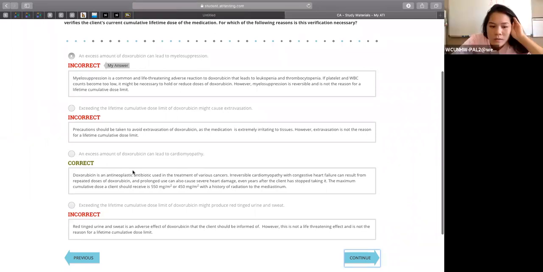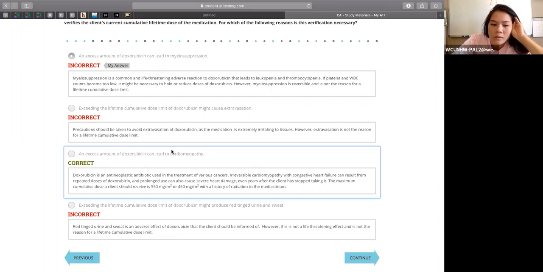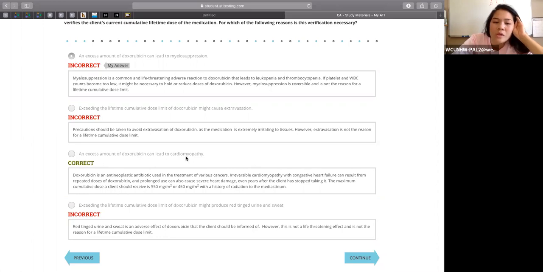It's an anti-neoplastic antibiotic to treat various cancers, with irreversible cardiomyopathy and congestive heart failure. So this medication causes heart disease.